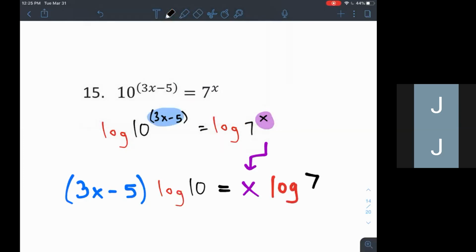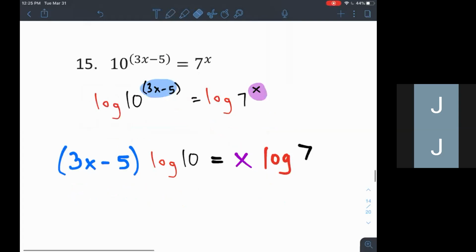Now I have a situation where I can start to isolate the x's one at a time. The big thing I'm going to do right off the bat is distribute 3x times log 10.